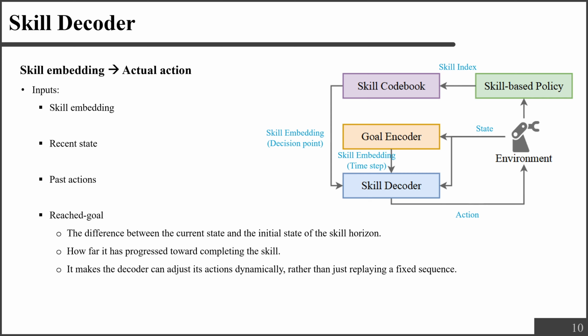The reached goal is defined as the difference between the current state and the initial state of the skill horizon. It tells the agent how far it has progressed toward completing the skill. By using the reached goal together with the skill embedding, the decoder can adjust its action dynamically rather than just playing a fixed sequence. So the skill decoder is not just the reverse of the encoder, it is a low-level policy that executes skills while monitoring progress.